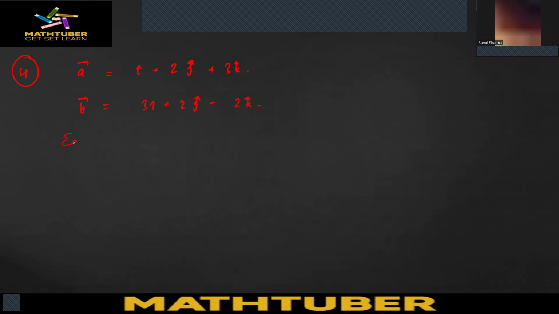So we know that the equation of a line is given by r vector equal to a vector plus lambda b vector, and that is i plus 2j plus 3k cap plus lambda into (3i plus 2j minus 2k cap). If we open the brackets and solve, we take the coefficients of i cap, j cap, and k cap.